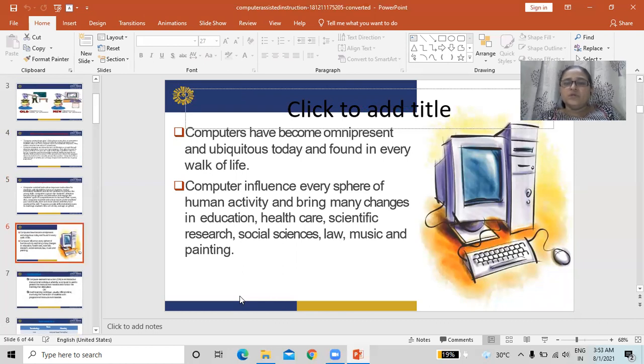Computers influence every sphere of human activity and bring many changes in education, health care, scientific research, social science, law, music, and painting.